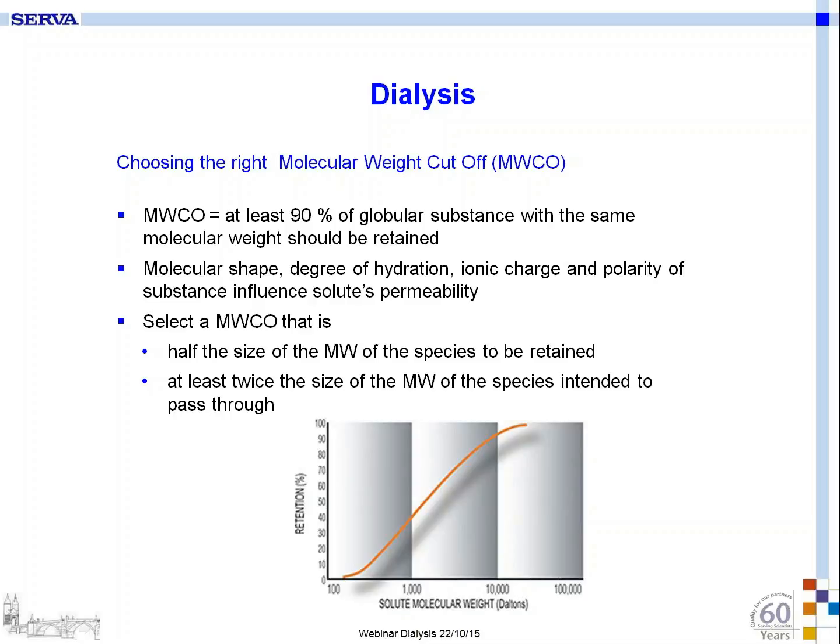That means practically, if you have a protein of about 12 kilodalton, you should choose an MWCO of about 6 kilodalton, and the things you want to dialyze out of the membranes should not be bigger than about 3 kilodalton.